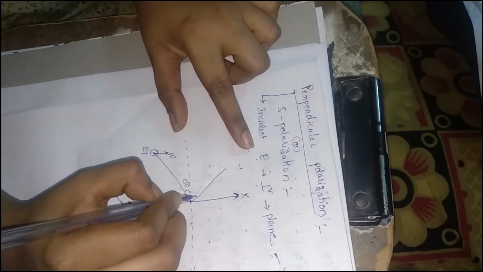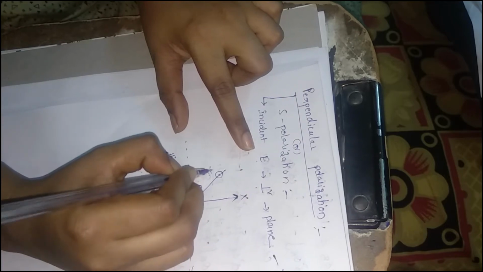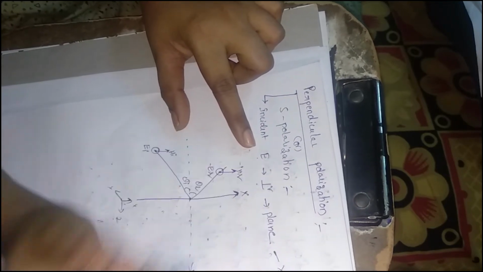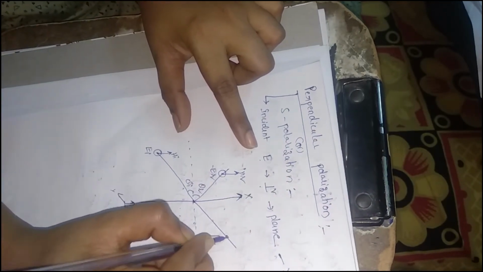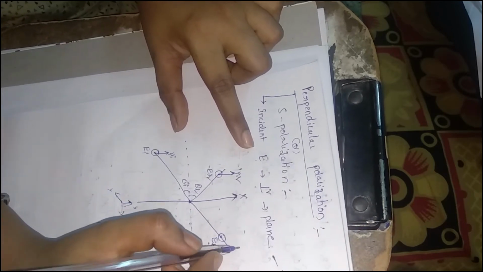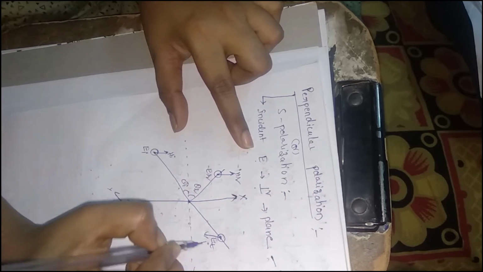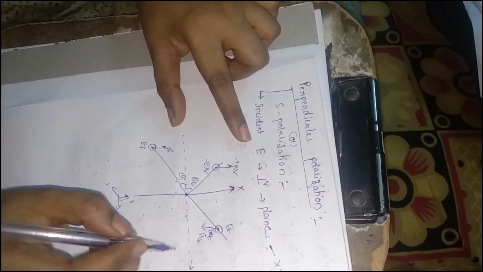The wave reflected is at theta R. Here also the electric field is perpendicular and the magnetic field is parallel. In the transmitted signal also, ET is perpendicular and HT is parallel.